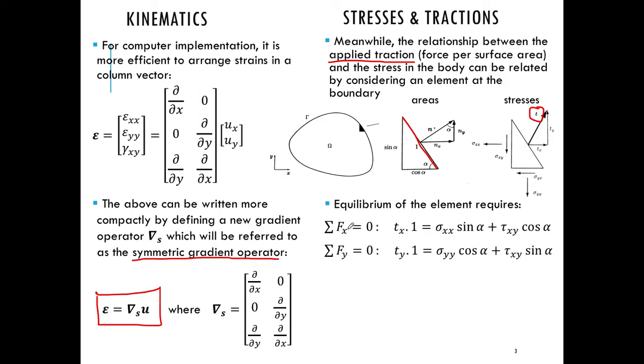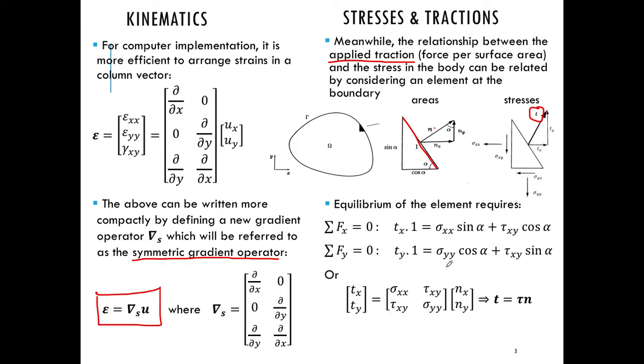Similarly, I can impose my force equilibrium in the y direction, such that I get this second equation. Now, of course, I think you may have already seen this coming, but you know that I love to write everything down in matrix format for FEM. So I'm going to write this down in matrix notation, such that I get this expression right here.